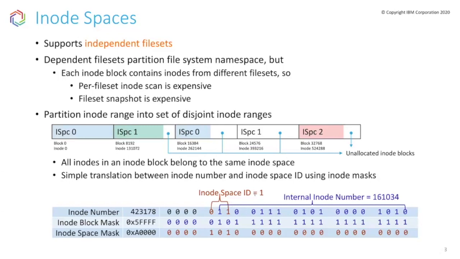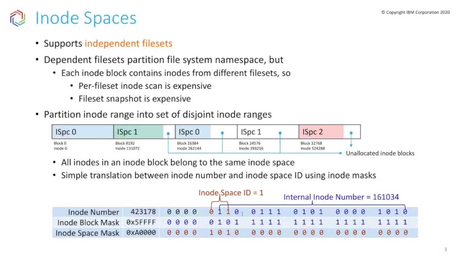This is also interesting to see how we would then grow inode spaces and add new inode spaces, how the block masks and the space masks change. So here's how it's going to work. Let's just say that we started with inode space 0, and inode space 0 had 8192 blocks in it.